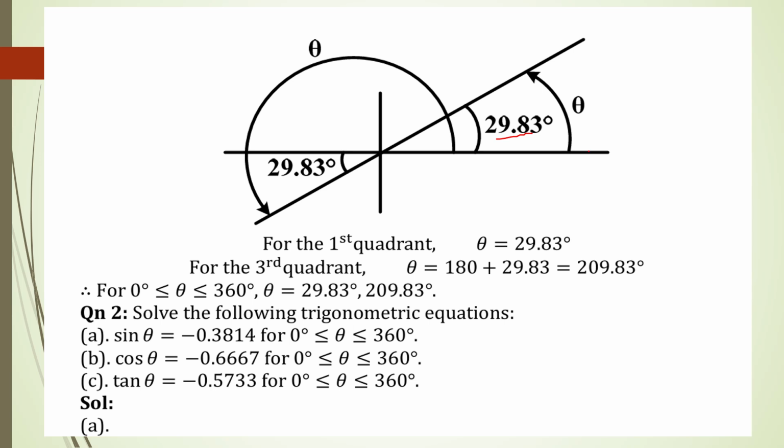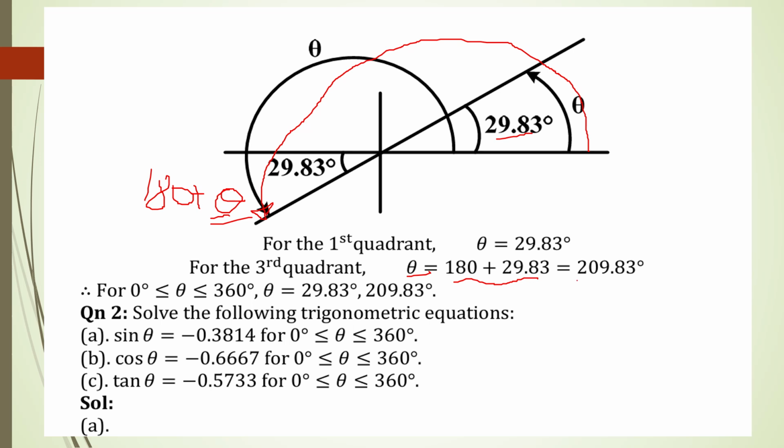So the other quadrant where tan is positive, remember we measure angle starting from the positive x-axis. So we come from here to the third quadrant where tan is positive. And to do this, remember that we made a table and we said that to get that angle is going to be 180 plus theta, whereby theta is the angle that you get at first. So the angle present in the third quadrant is going to be 180 plus 29.83 degrees.